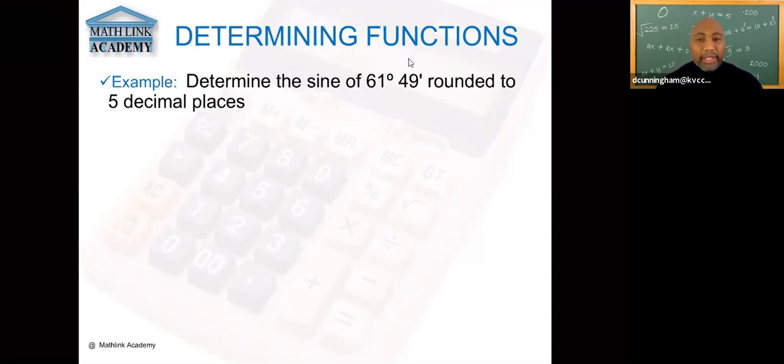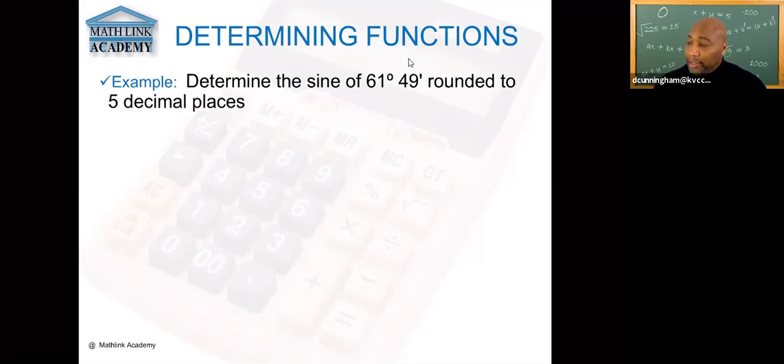There are previous videos where I've shown how to convert from degrees, minutes, and seconds to decimal degrees. So make sure you look at those previous videos on our MathLink website to make sure you know how to do this. Really, I want to show you how to input it on a calculator and make sure you get it correctly.